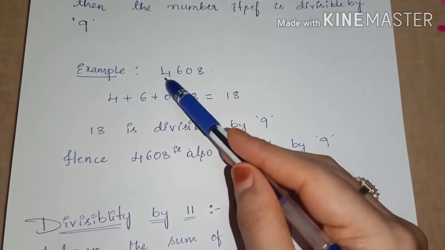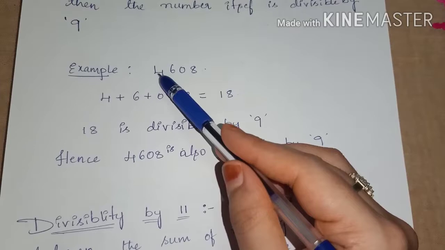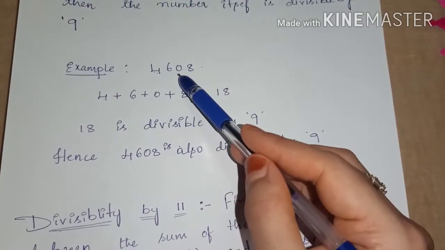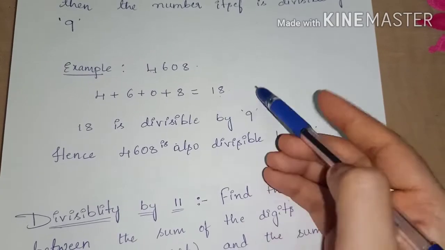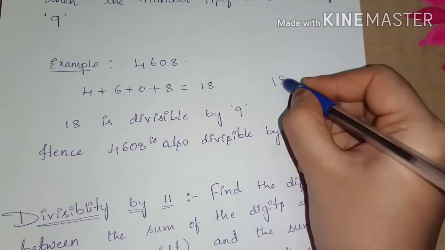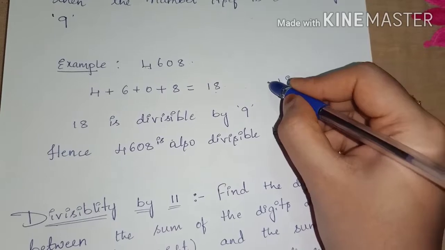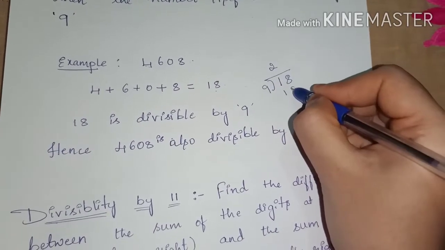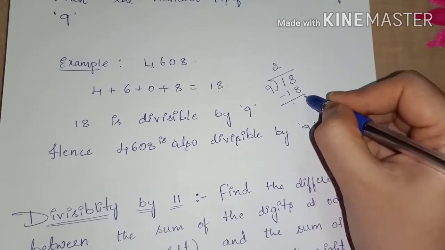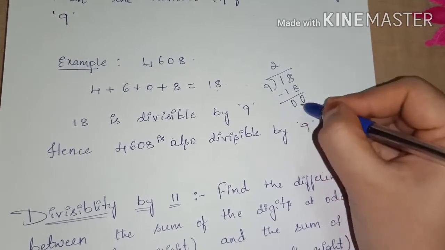4608. You should add all the digits, that is 4 plus 6 plus 0 plus 8. It becomes 18. Is 18 divisible by 9 or not? Yes, 18 is divisible because 9 ones are 9, 9 twos are 18, 8 minus 8 is 0, 1 minus 1 is 0.